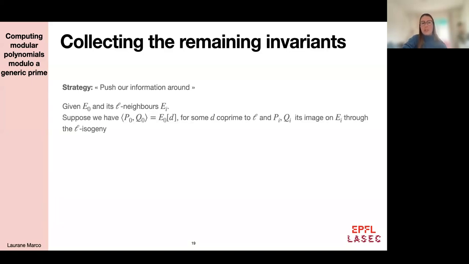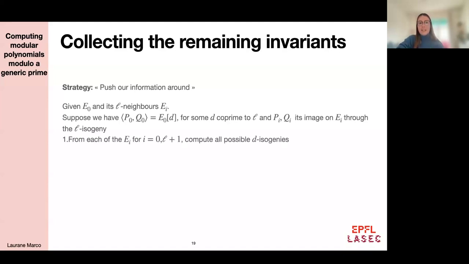Now we're going to suppose that we have some more information, for example a basis of the D torsion for some small prime D coprime to L, and also the image of P0 and Q0 through the L isogeny. We denote Pi, Qi the image of P0, Q0 on the curve Ei that is L isogenous to E0.